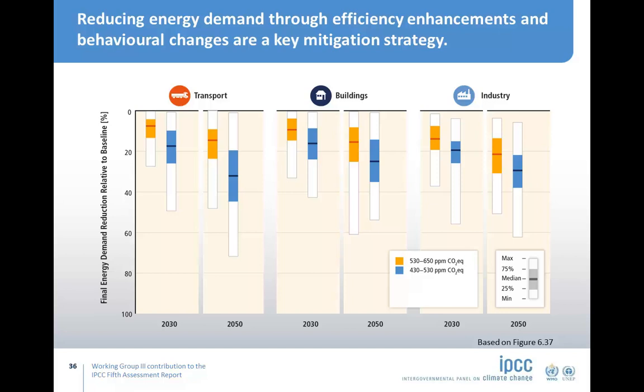I'm looking at the final energy demand reduction relative to the baseline. And what you can see is we are looking for this reduction, certainly in buildings, especially in transport, we're looking for this significant reduction.